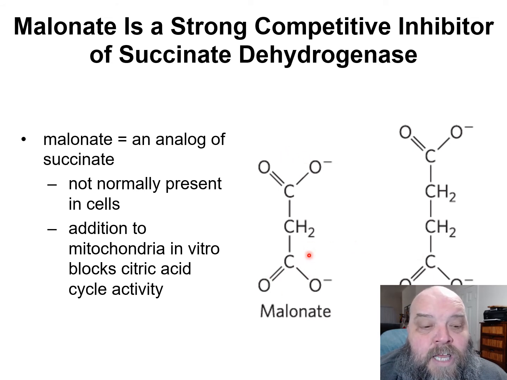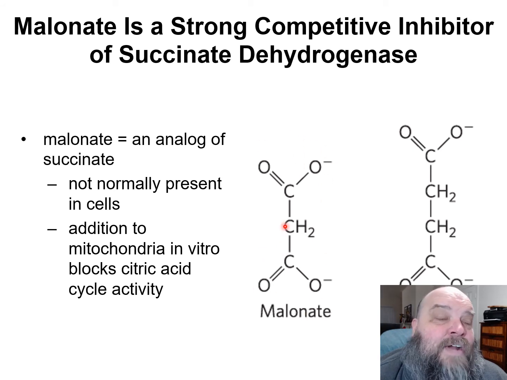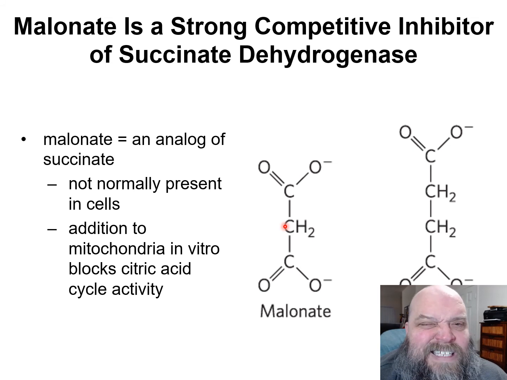Carboxyl groups at each end, but this is only a 3-carbon strand. It can enter into the active site, and the carboxyl groups at either end can interact with the active site to an extent. But the active site of succinate dehydrogenase cannot react with this because it is not the correct length. It does not have the correct full shape. So this malonate can get in. It's considered an analog of the succinate.